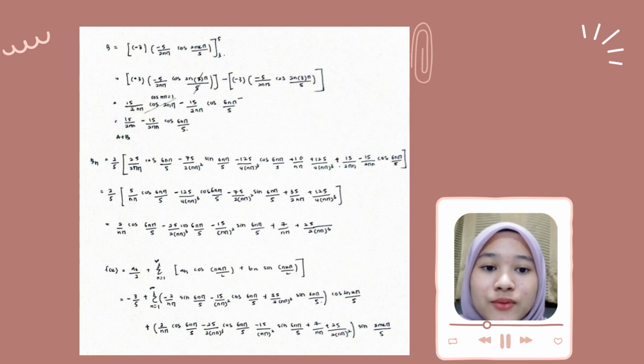Then plus 2 over nπ cos(6nπ/5) minus 25 over 2nπ³ cos(6nπ/5) minus 15 over nπ² sin(6nπ/5) plus 7 over nπ plus 25 over 2nπ² sin(2πnx/5).